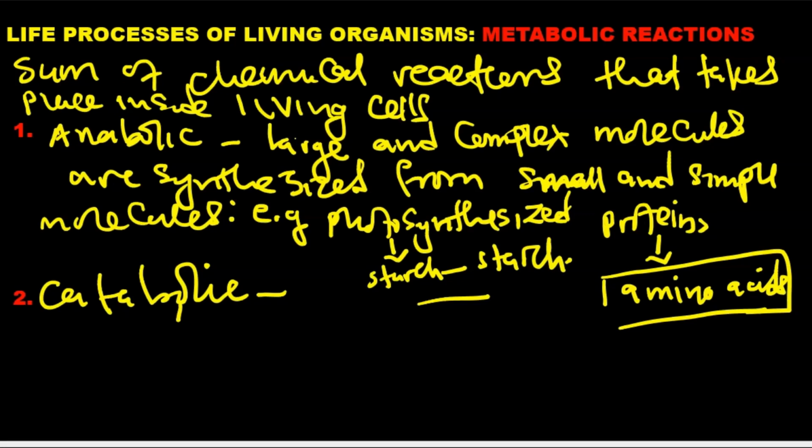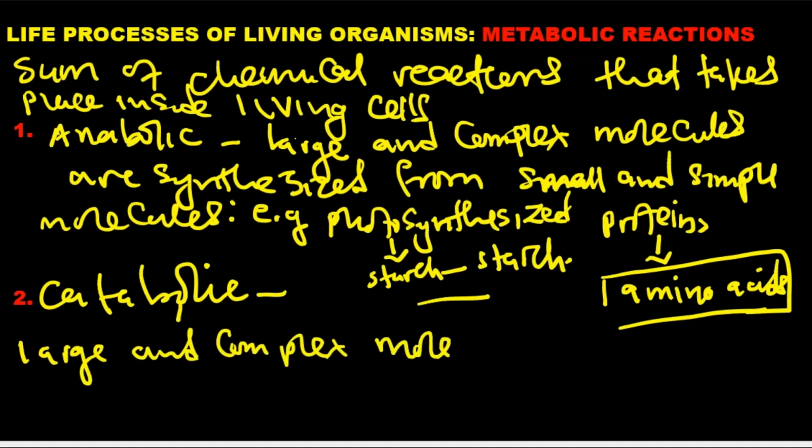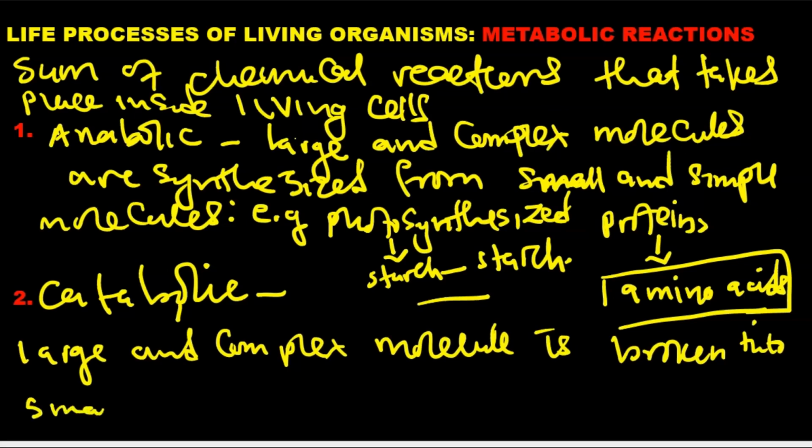What about catabolism? What is a catabolic reaction? So a catabolic reaction is the opposite of anabolism. Here the large and complex molecule is broken down into small and simpler molecules.